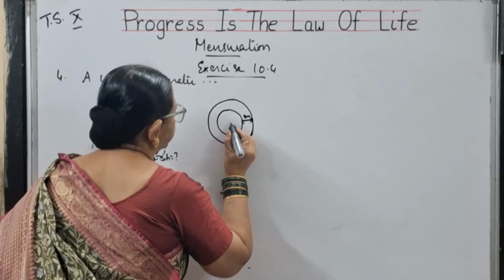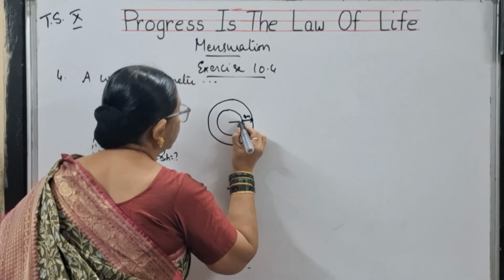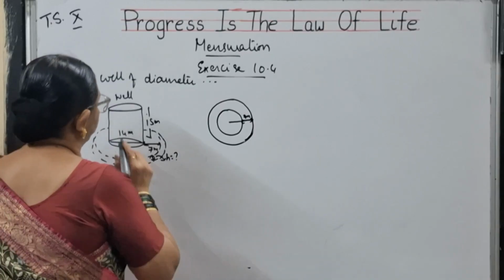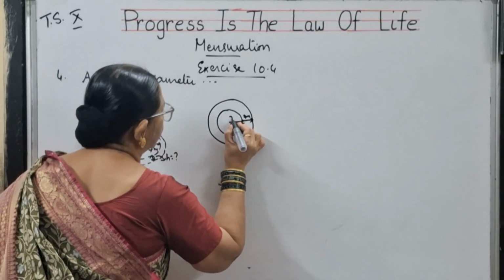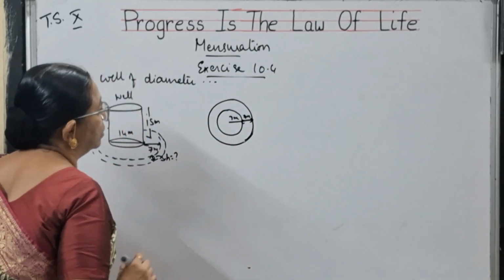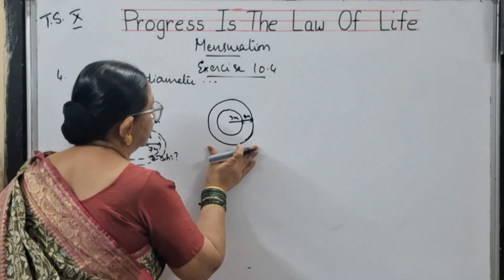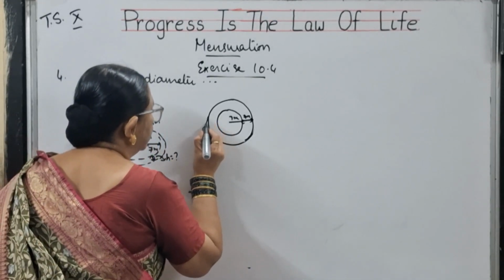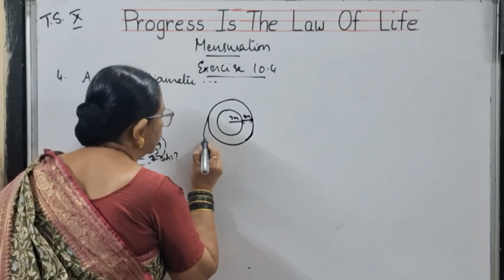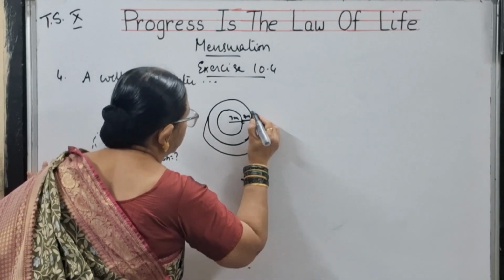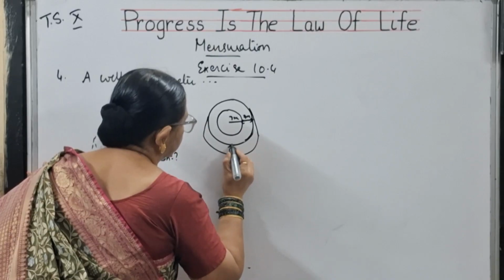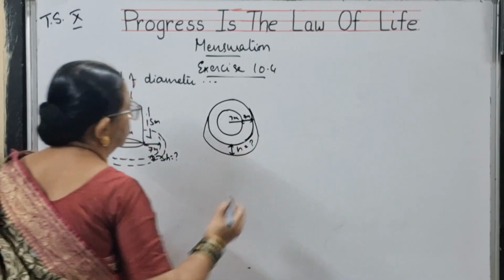Now children, this is the radius of the well. The diameter is 14, so this is 7 meters only. Now this is the outer structure. Now the embankment will have a certain height. So this height you need to find out.